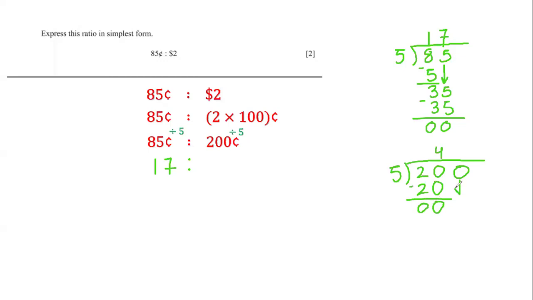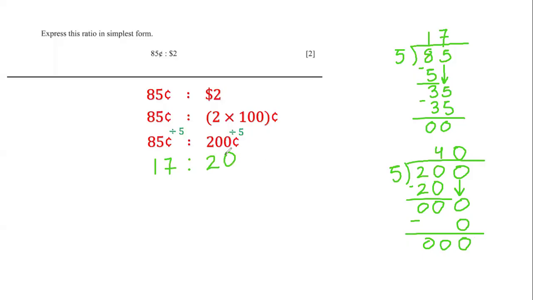We bring down the 0. How many times is 5 going into 0? 0 times. 0 minus 0 is 0. So that means 5 goes into 200 40 times. So it's going to be 17 over 40.